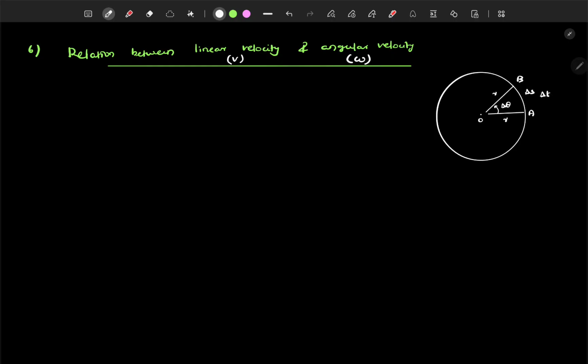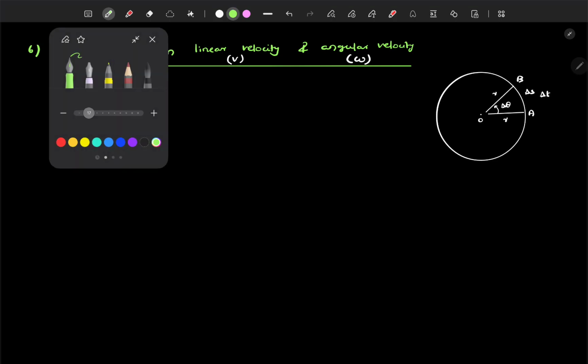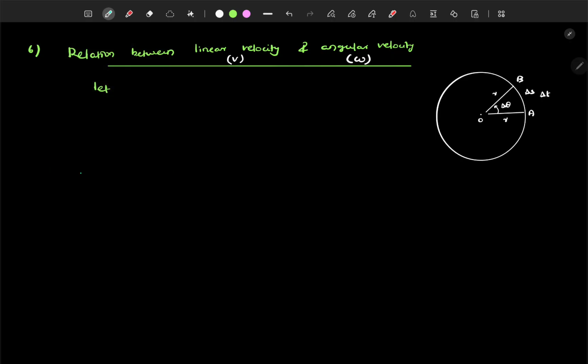The linear displacement is delta s, suppose. So let in time interval delta t, particle moves from A to B.